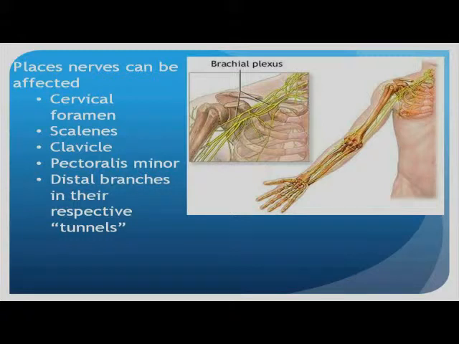Could they have nerve encroachment there from, say, DJD or a disc, then out through the scalenes, underneath the clavicle, between the clavicle and the first rib, then down underneath the pectoralis minor, and then they start to divide up more into all of their distal branches and all of their tunnels, so you want to think about that as well.